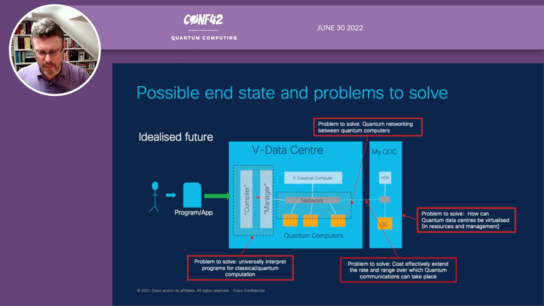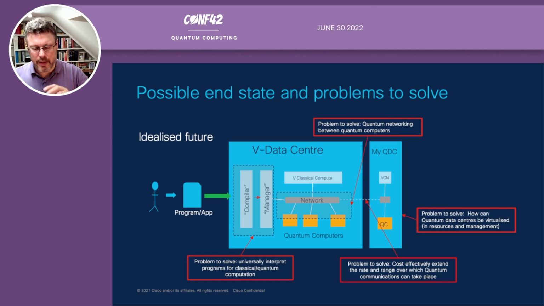And that is to find a cost-effective way of extending the rate and range over which quantum communication can take place. If I'm able to extend the range over which I can get quantum computers to talk to each other, that means I can then extend the number of quantum computers that talk to each other, and then I get a more powerful quantum computer, and so on and so forth, which is the aim of that one.